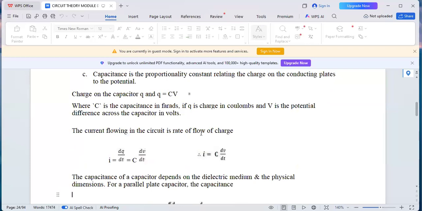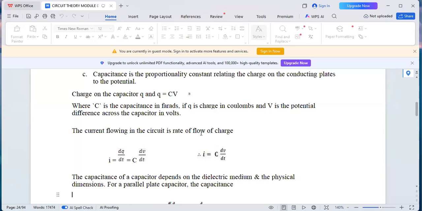So, current flowing through the capacitor. We already know that as current flows through the capacitor, charges are stored. So current is equal to change in charge per change in time.